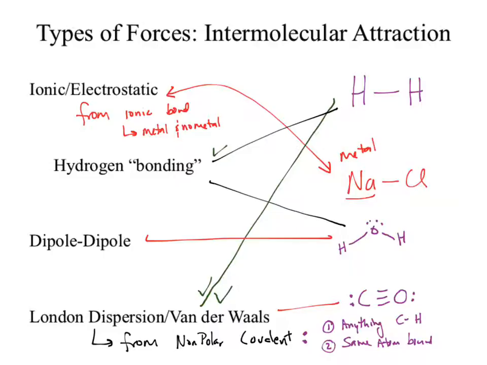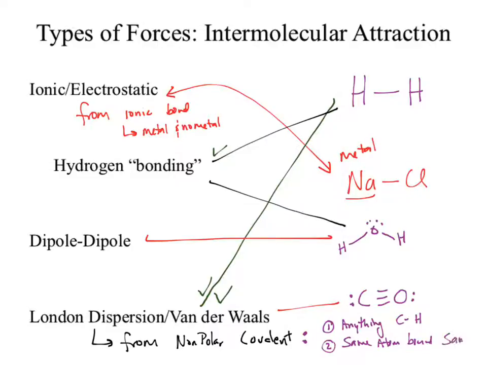Fluorine is the most electronegative element on the periodic table, so when I bond it to anything, I should have a large difference in electronegativity, shouldn't I? What if I bond fluorine to fluorine? There's no difference, and now the bond I have is nonpolar covalent, which fits under our London dispersion.